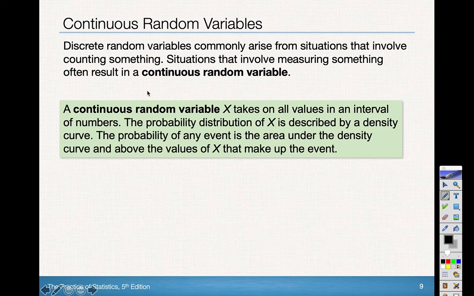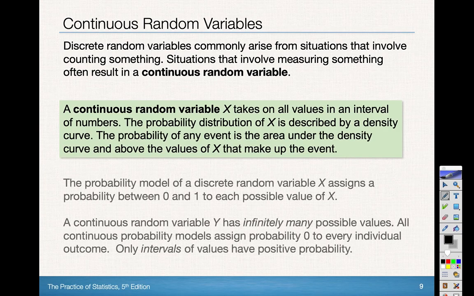The probability distribution of X is described by a density curve. Remember density curves? The probability of any event is the area under the density curve. We've done this before. The probability model of a discrete random variable, X, assigns probability between 0 and 1 to each possible value.